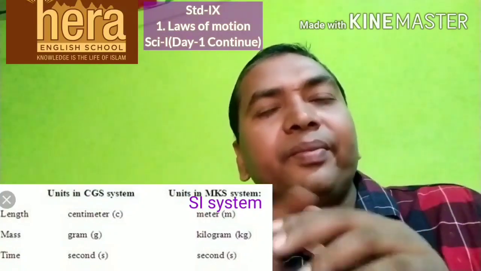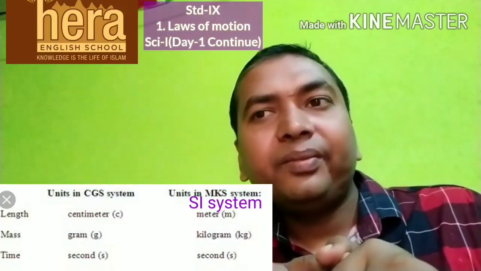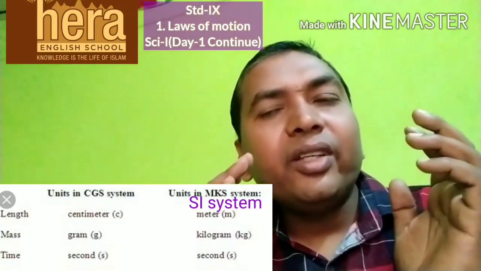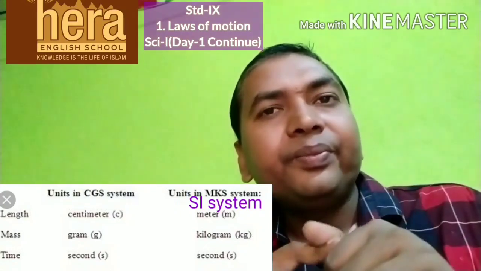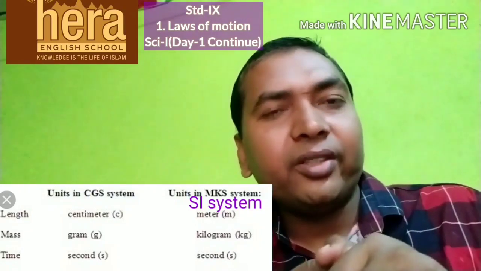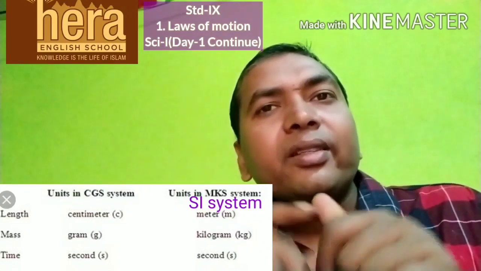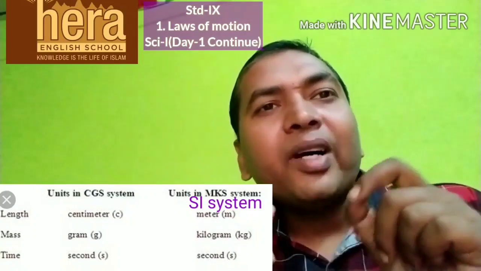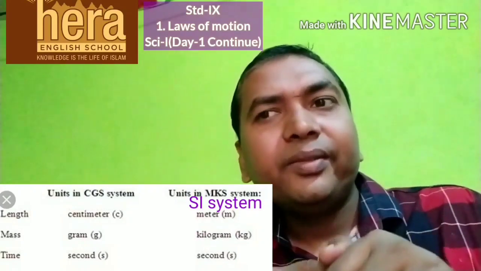Then you will say centimeter, because we measure length in centimeter. Similarly, if I say what is the SI unit of mass, SI, System International, then you will say kilogram. What is the unit of mass in CGS system? Then you will say gram. Okay.